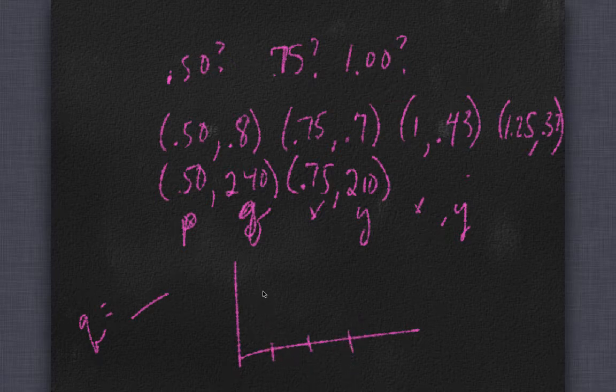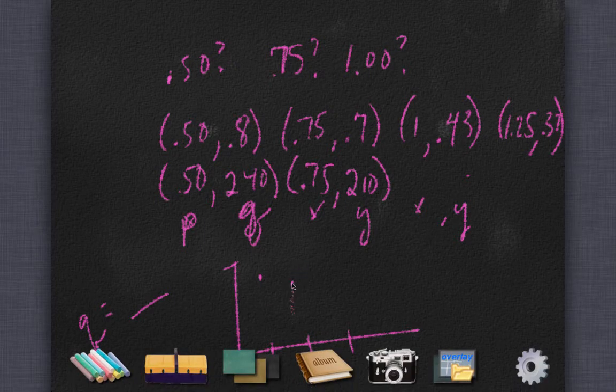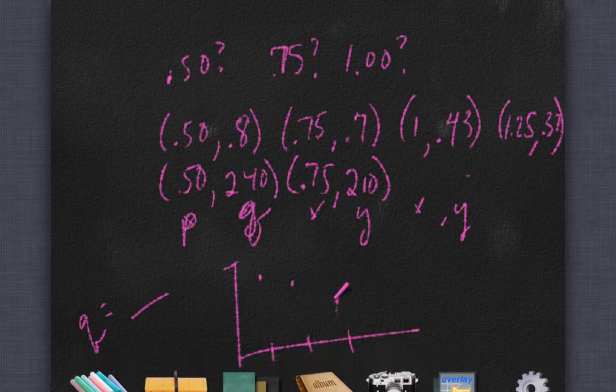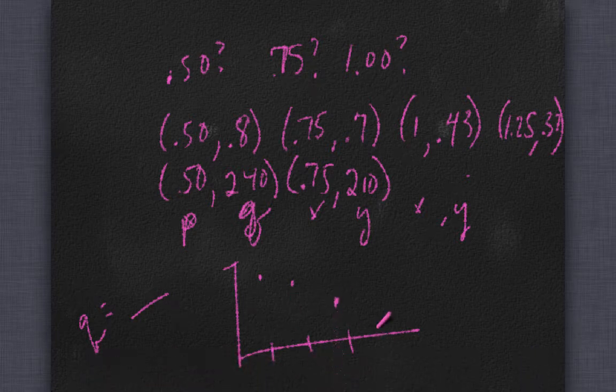So 0.5, if that's 1 to 0.8, 0.75 to 0.7. At 1, we go quite a bit down. At 1.25, we don't go much down. So this is really sort of like that, but you'd get a line of best fit that would be, I'm always bad at drawing lines on this tablet, something like this.